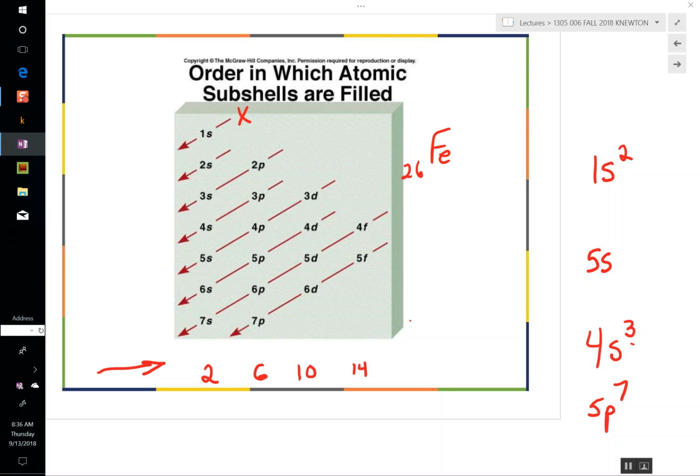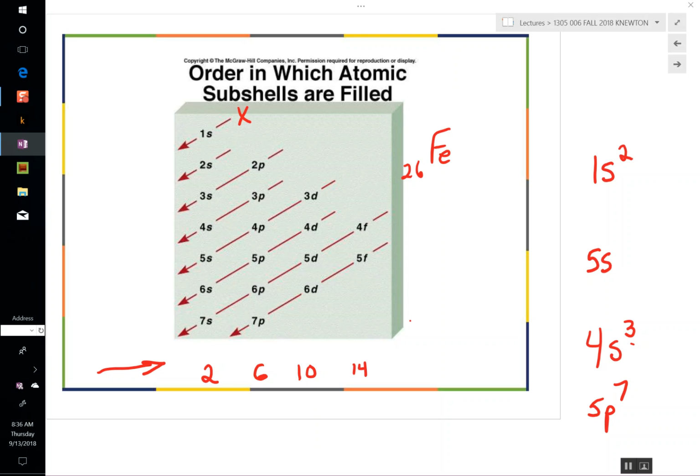But when we count valence electrons, we want to know how many electrons are in that outermost energy level. Chlorine. 7. Bromine. 7. We're going to count those 2. They're in the 4th energy level, and these 5. They're in the 4th energy level.